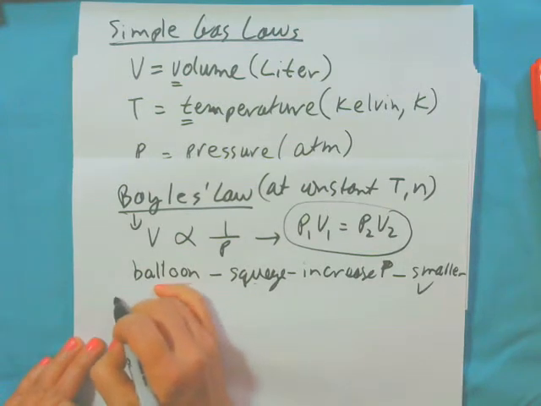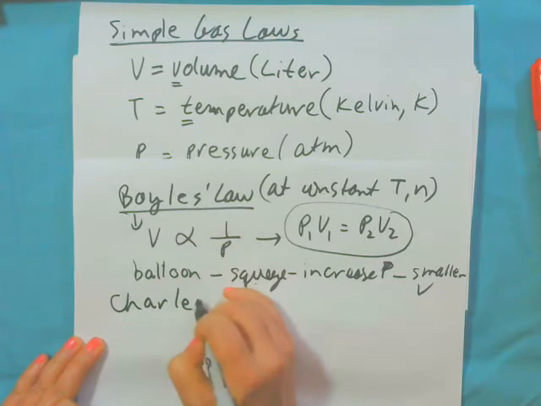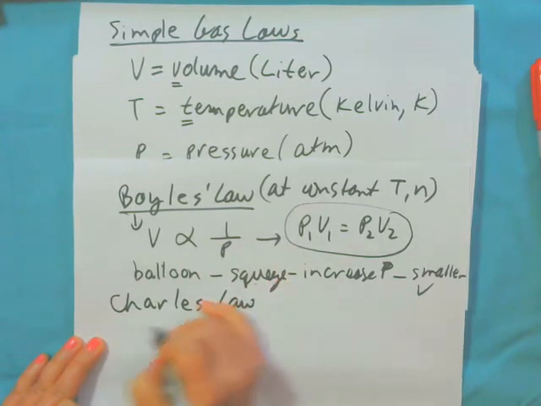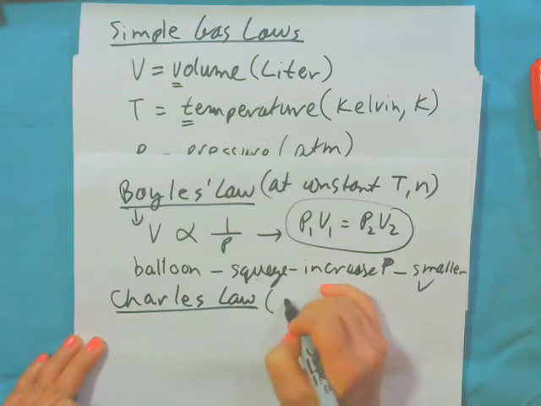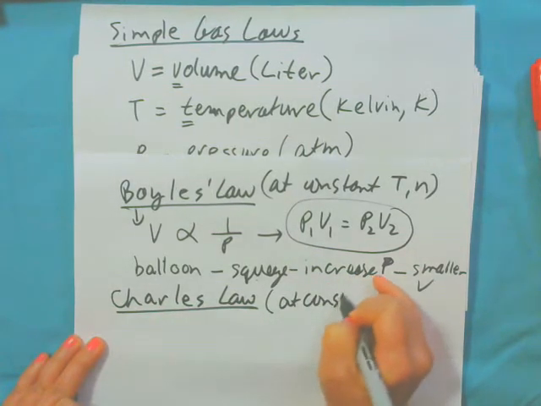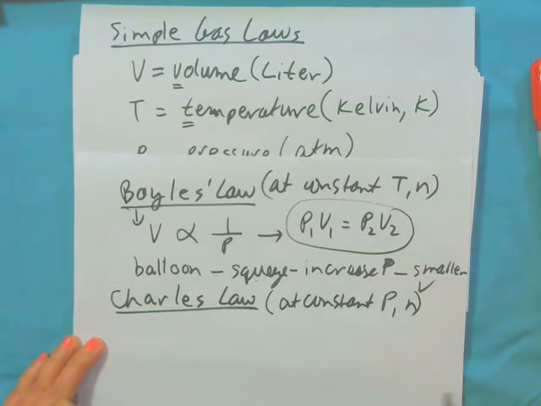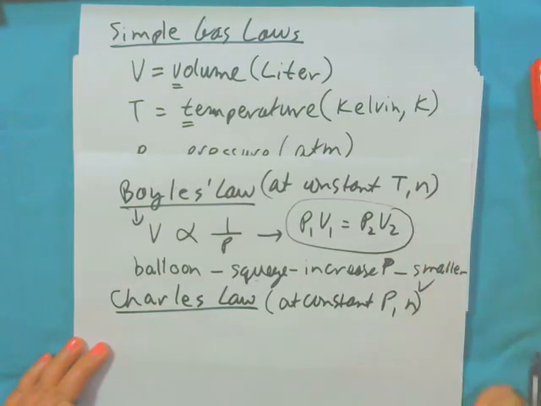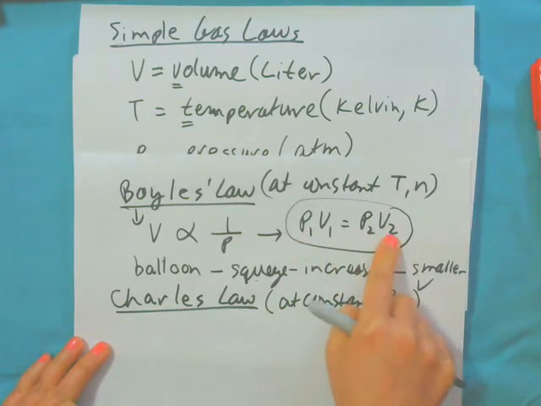All right, so here's our next simple gas law. This is Charles's law, and Charles's law is at constant pressure and number of moles. So these are both for the same amount of gas.